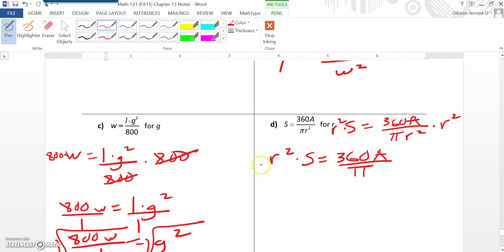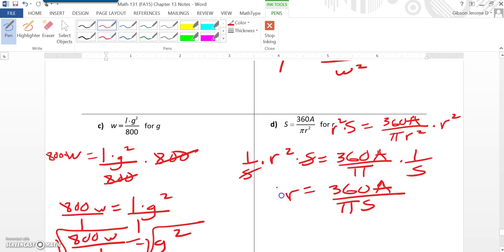Now, we can multiply, or we could divide, well, let's do this. We'll multiply each side by 1 over S. These S's will simplify out, and that will leave us R squared is equal to 360 times A all over pi times S. Now, we have to get rid of this square on the R. So we'll take the square root of both sides here.